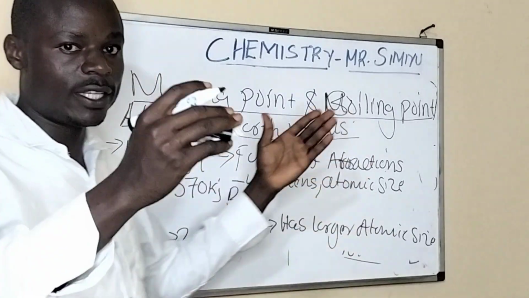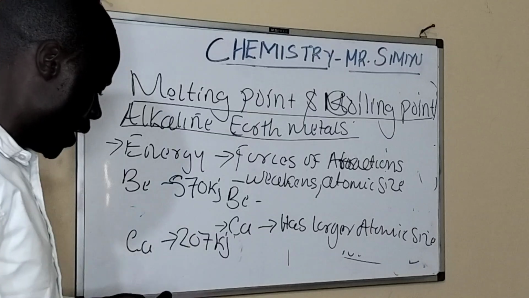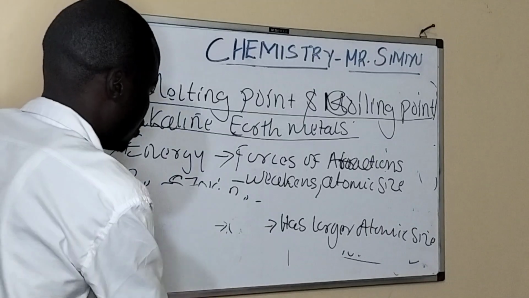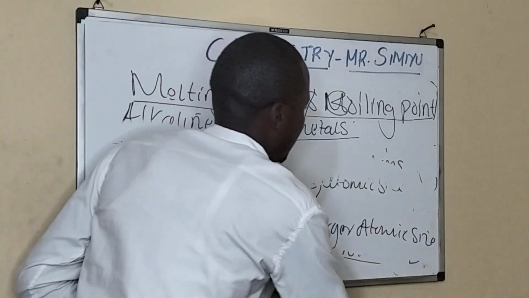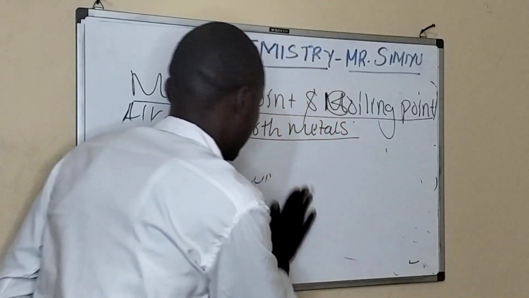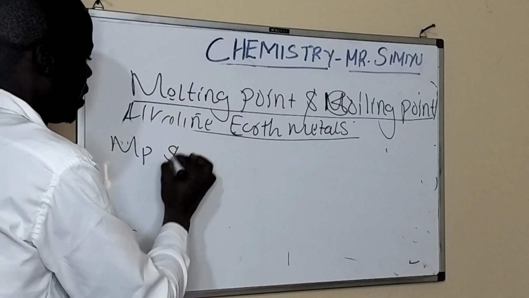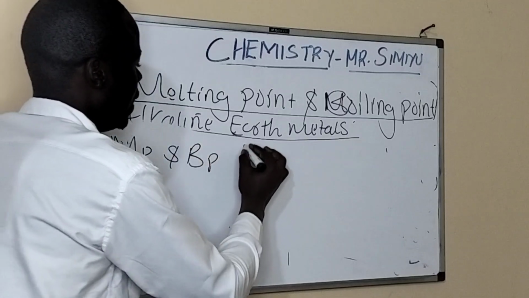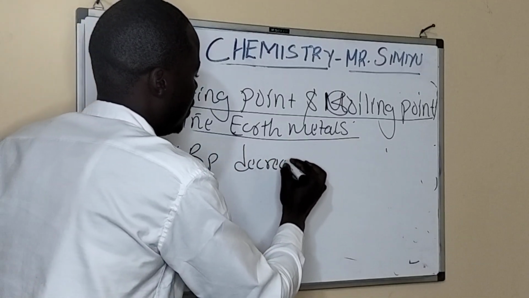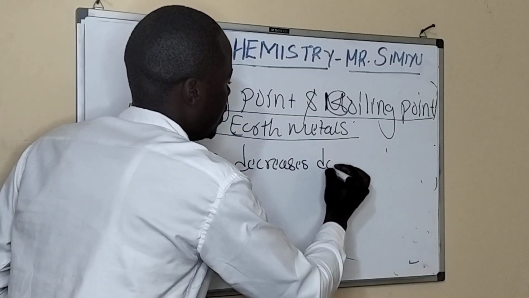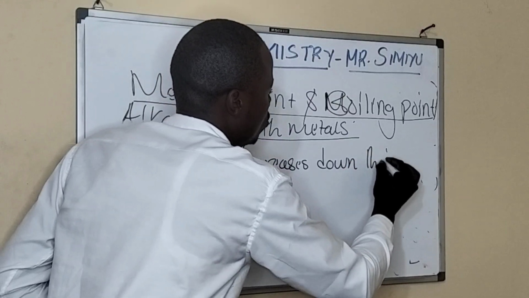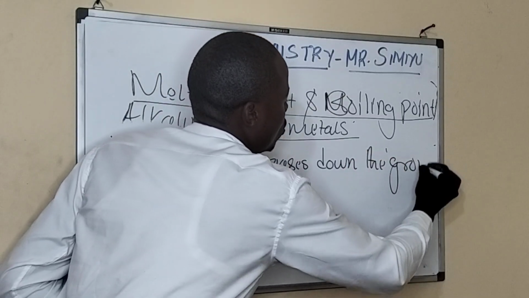So we can now summarize and say that the melting point and boiling point decrease down the group. Why?